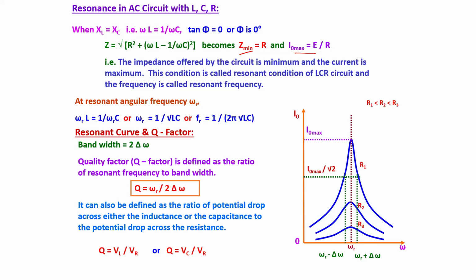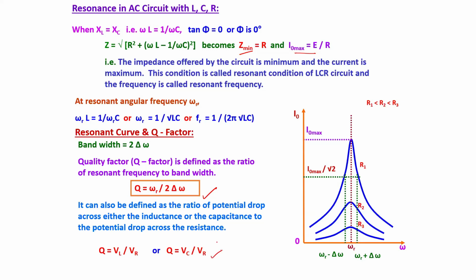The quality factor, or Q factor, is defined as the ratio of resonant frequency to the bandwidth, and the value of Q can be calculated using the formula omega r divided by 2 del omega. It can also be defined as the ratio of potential drop across either the inductance or the capacitance to the potential drop across the resistance. So this is the value of the Q factor.